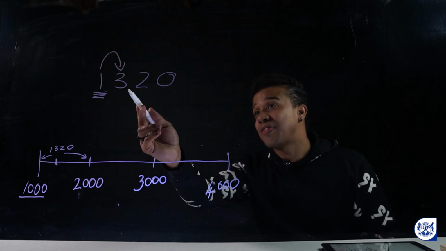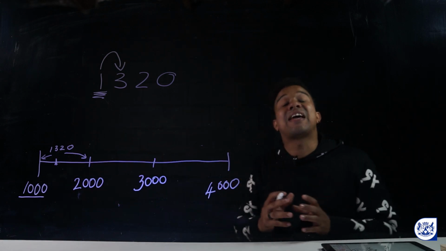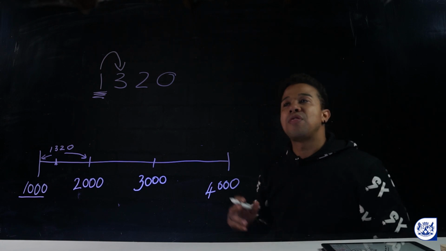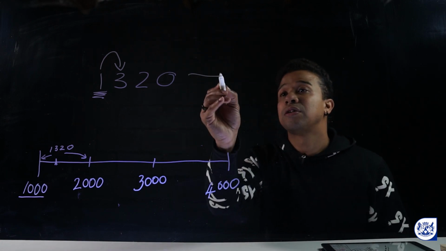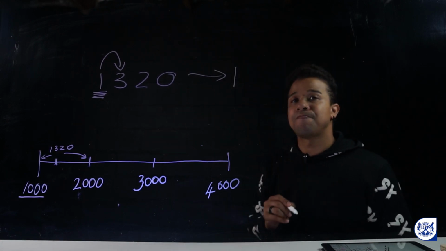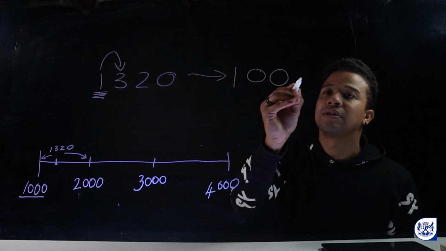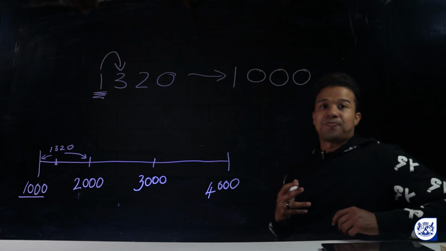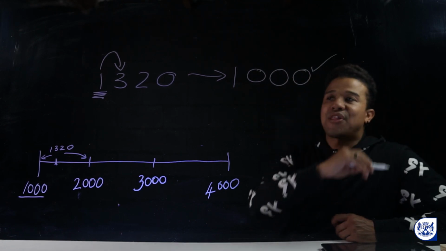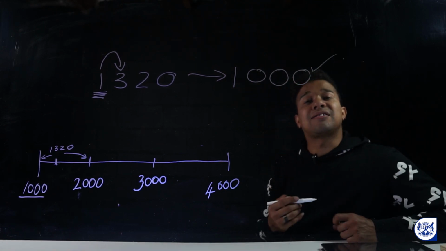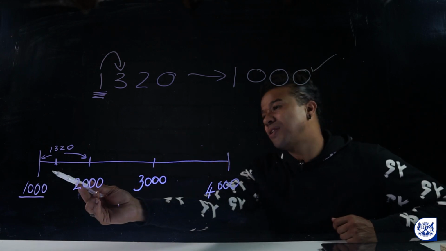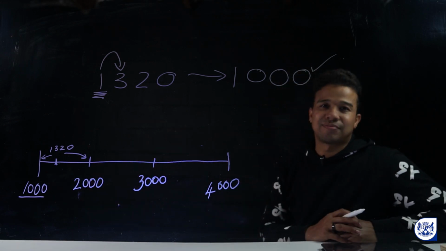And it's clear that the number 3 is less than 4, and therefore the number in the thousand place will stay the same, and all the numbers after it will become 0. So our answer is 1000. And it's exactly the same as what we picked up on the number line.